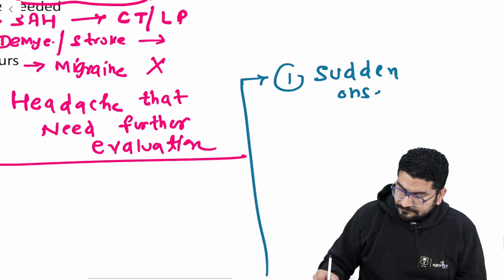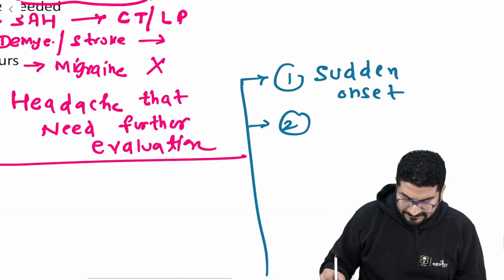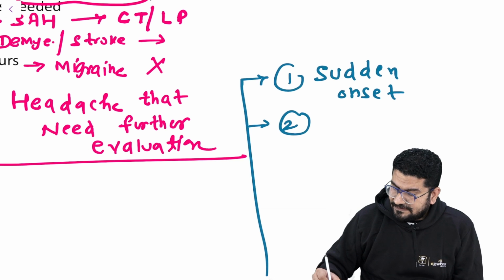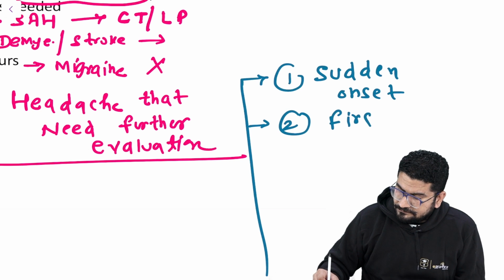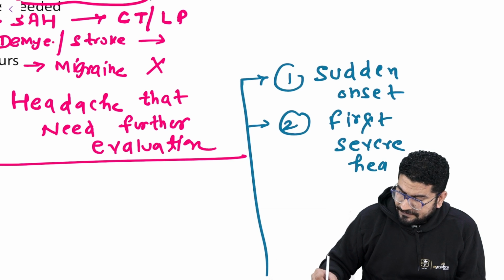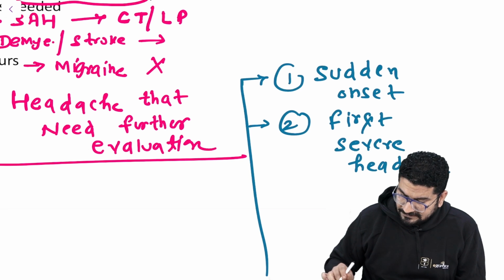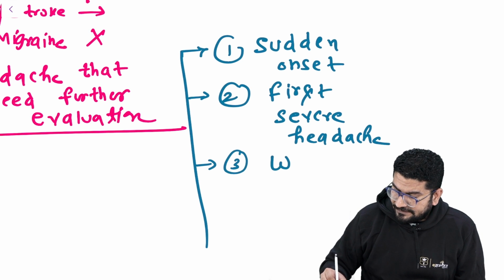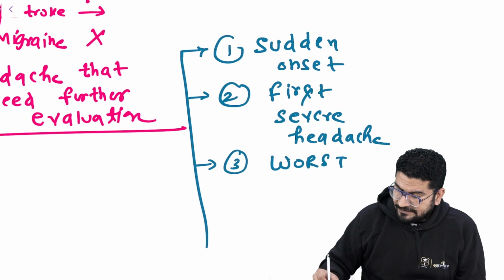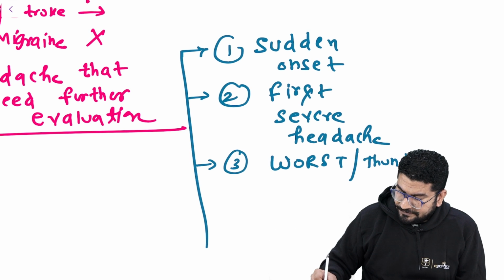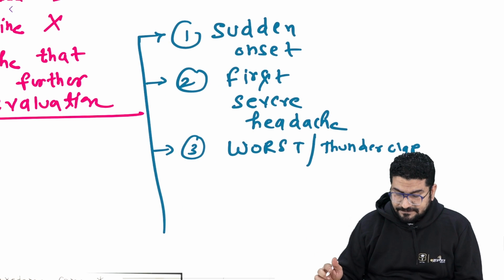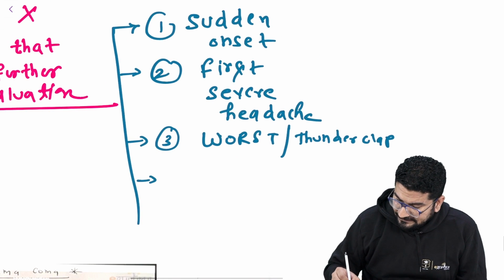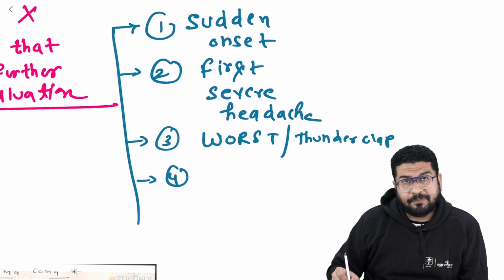The second, given in Harrison, is first severe headache. First time any person is having severe headache, this could be due to raised ICP with papilledema. Third, remember thunderclap headache, or worst headache, because this could be due to SAH. Then remember any headache with vomiting that precedes the headache.